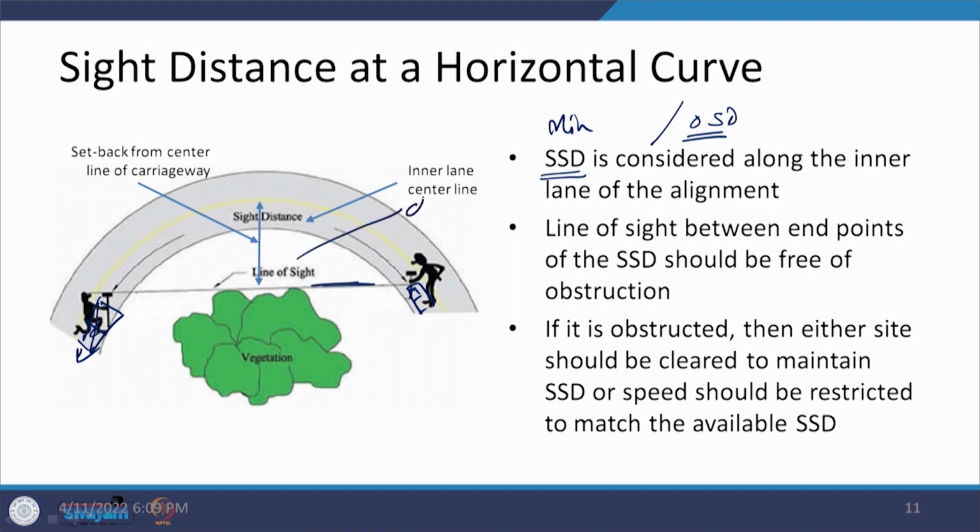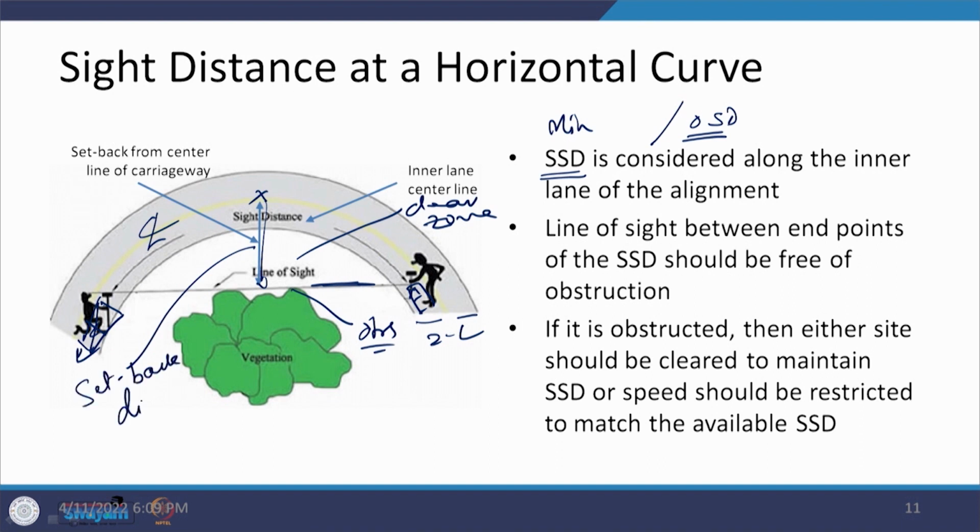This should be a clear zone and the obstruction is away from it. If this is the center line of the road, as you can see, this is again a 2 lane system. From this center line of the road at the center of this curve, the distance which should be clear of any obstruction is the setback distance we are interested in. This distance is the setback distance, and we are going to calculate this.